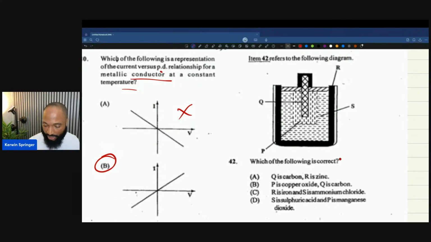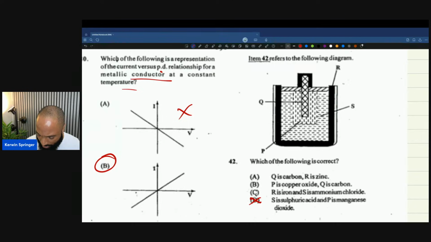Which of the following is correct? Q is carbon, R is zinc, P is copper oxide, Q is carbon, R is iron, S is ammonium chloride, S is not sulfuric acid, and P is manganese dioxide.